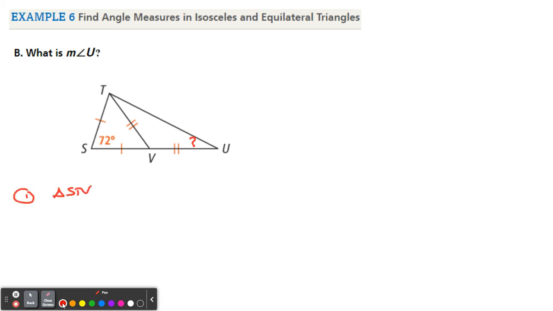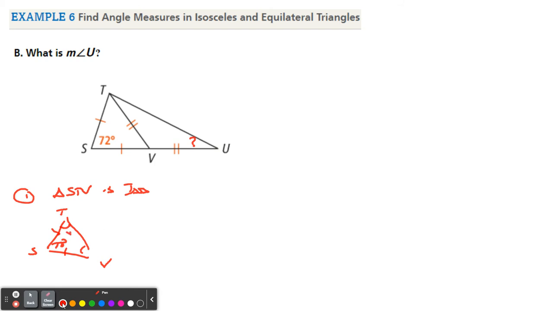Triangle STV is isosceles. I know that because it has two sides marked congruent, ST and SV. This vertex angle is 72 degrees, so I believe I can find these two angles because the angles at T and V are congruent. Okay?